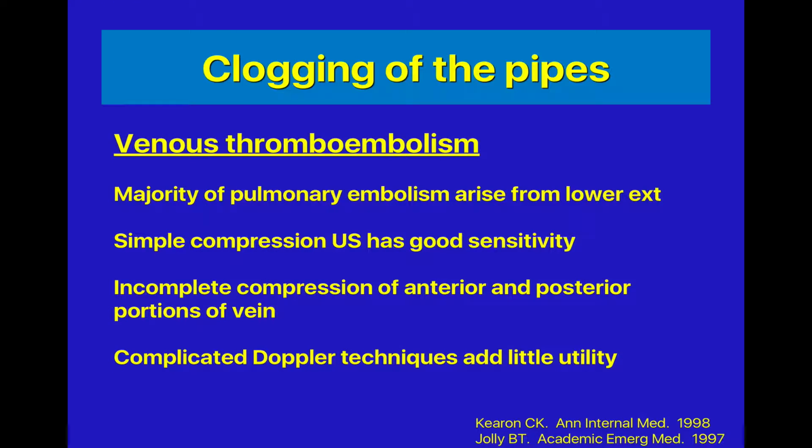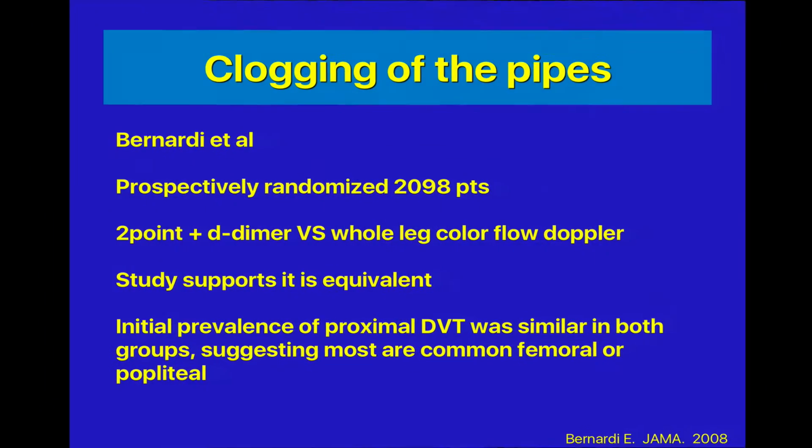So a little bit more about venous thromboembolisms. The majority of pulmonary embolisms arise from the lower extremity. Simple compression ultrasound has good sensitivity. Incomplete compression of anterior and posterior portions of the vein can cause issues, and complicated Doppler techniques add little utility.